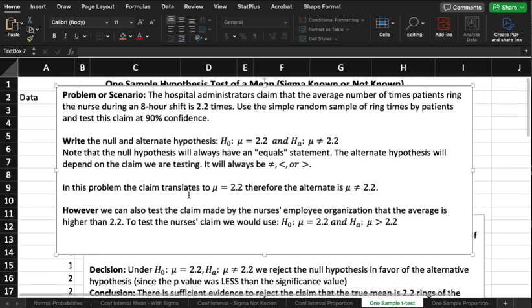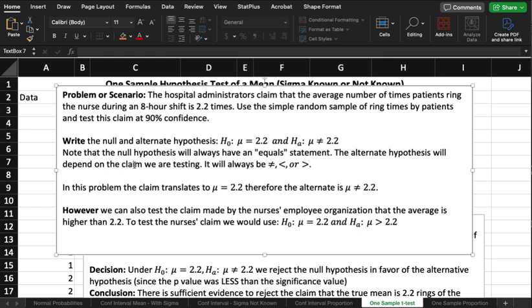The good news is that once we get everything typed into the spreadsheet that we are about to set up, we can use all of the numbers that come up in our calculations to perform both of these hypothesis tests at the same time. Both of them are going to have 90% confidence.